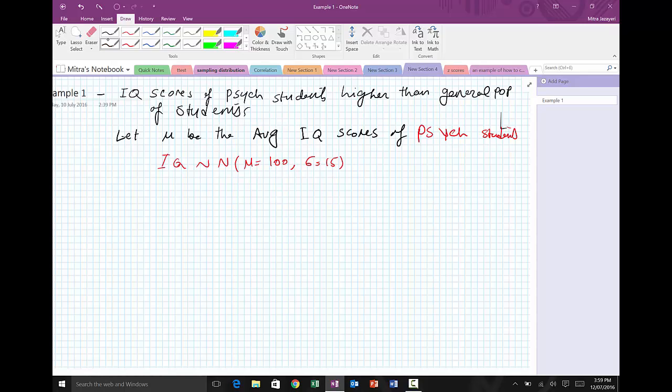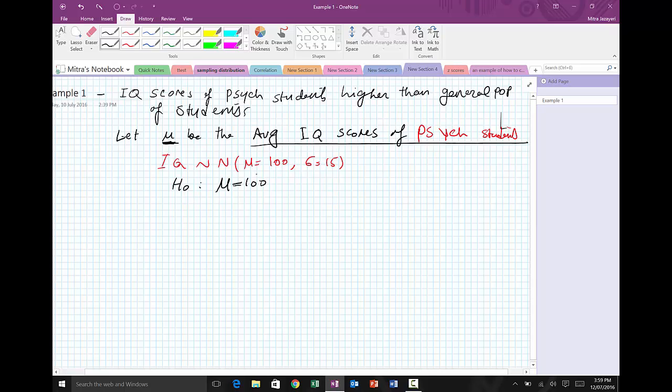We define the parameter of interest, mu, as the average IQ score of psych students. We put the null hypothesis as mu is the same as the IQ score of the general population, 100.